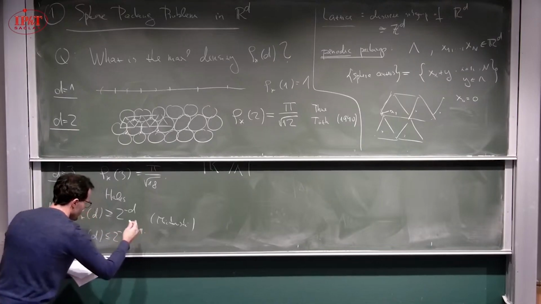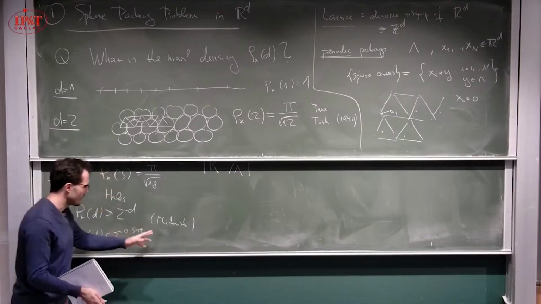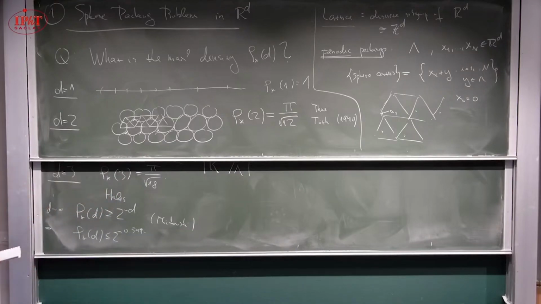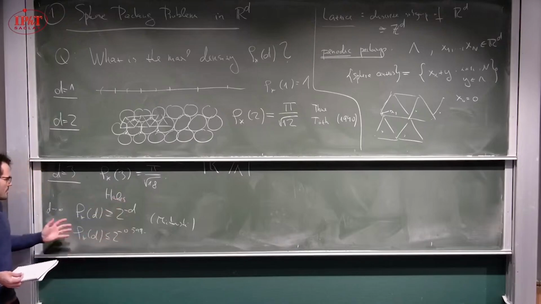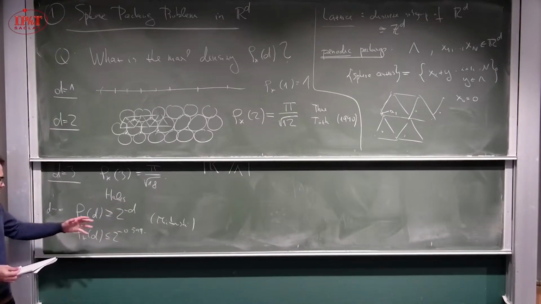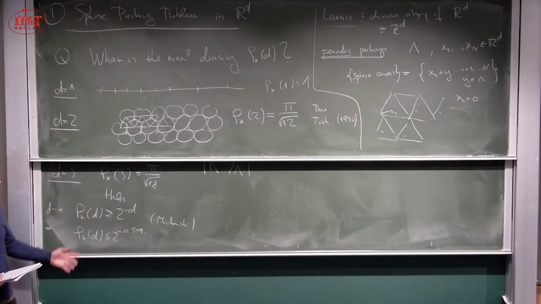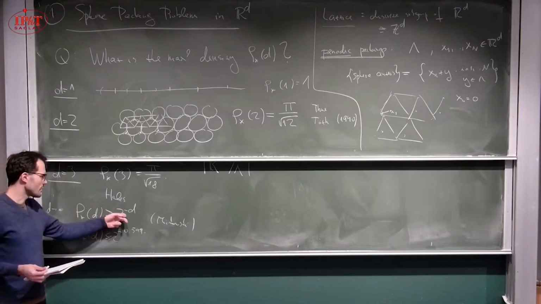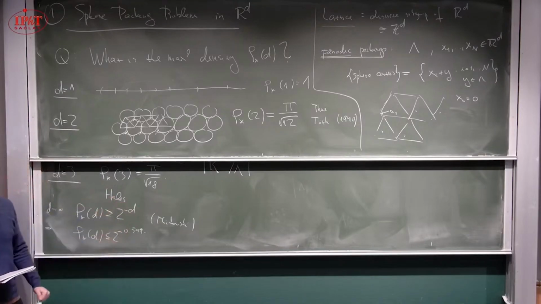This is due to Kabatiansky and Levenshtein, so I'm not going to write that, to save time. So like 1978, and they're still exponentially far away. So we know extremely little about higher-dimensional sphere density because these two bounds are exponentially far away from each other, and some people believe that the truth is basically Minkowski, at least when it comes to the exponent. Some people believe it's more like somewhere in the middle.